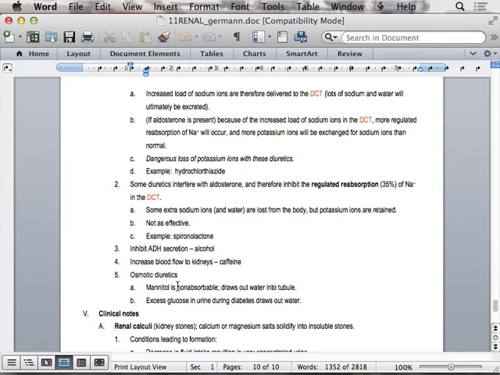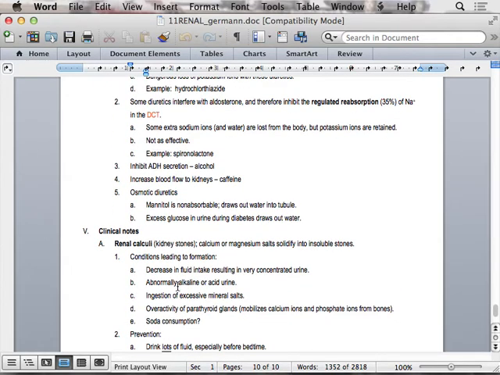It's a chemical which is filtered out but has no reabsorption mechanism. So as it goes through the tube, it exerts an osmotic effect and pulls water, kind of like eating too much sugar does. Does that make sense? So those are called osmotic diuretics. They get filtered out and there isn't a mechanism to bring them back in, so they suck water into the tube. Everybody okay with those?